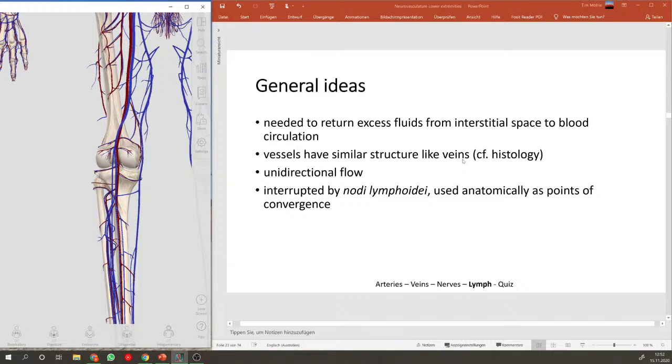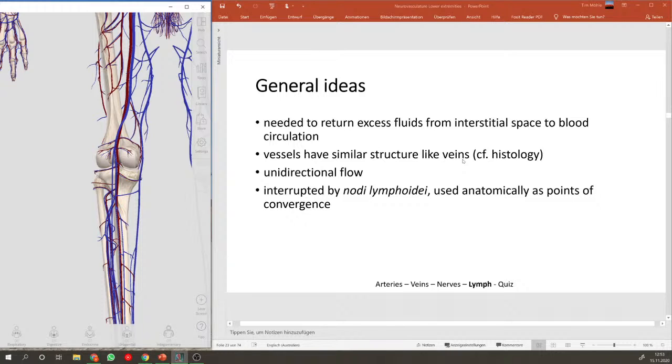What else is important for us? The lymph vessels are interrupted by so-called nodi lymphoidei, or nodi lymphatici, or in English, lymph nodes, and anatomically they serve as a point of convergence. That means we have multiple vasa afferentia, let's say maybe 8 vessels draining into one lymph node, and then from that lymph node only one vessel will go out.